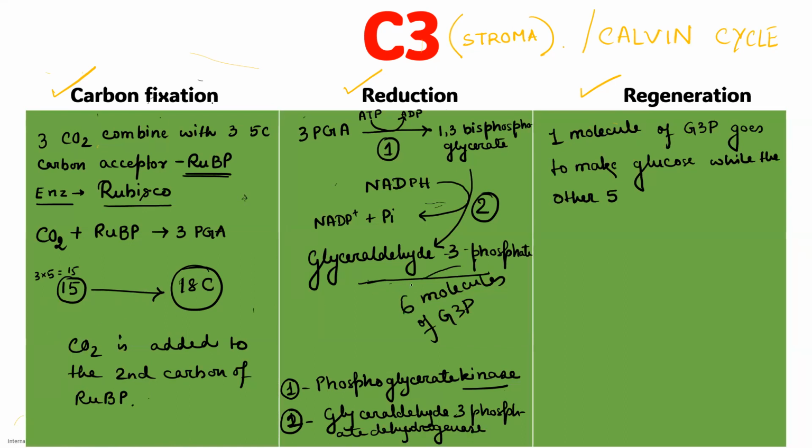Out of these 6, 1 molecule goes to make glucose, while the other 5 molecules must be recycled to regenerate the RuBP acceptor.